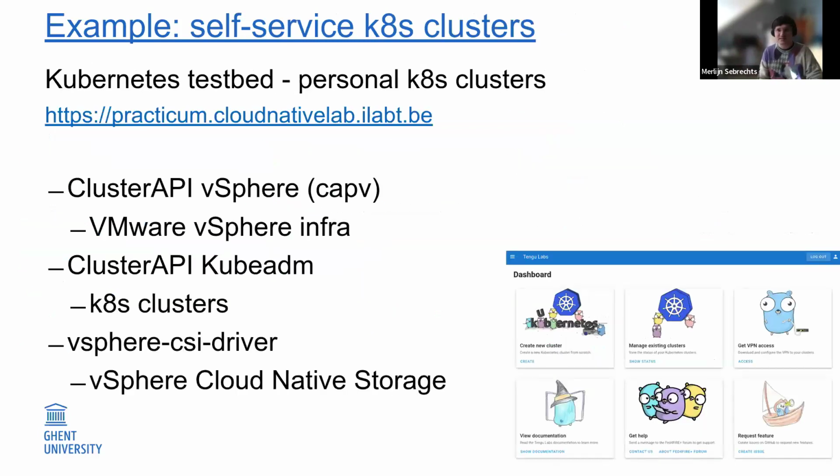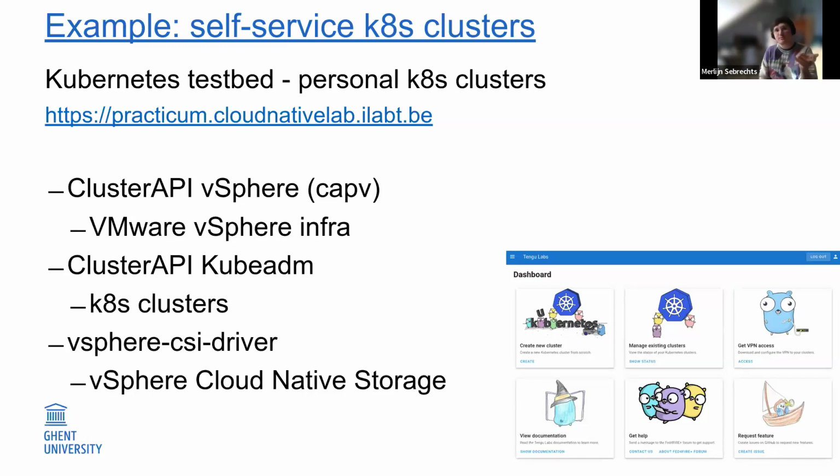Same with, let's say you want self-service Kubernetes clusters. The platform that we make available to OpenCloudification members in order to test out Kubernetes and test out cloud-native technologies, what we call Cloud Native Lab, uses Kubernetes in the backend. It uses Cluster API vSphere in order to provision vSphere infrastructure.